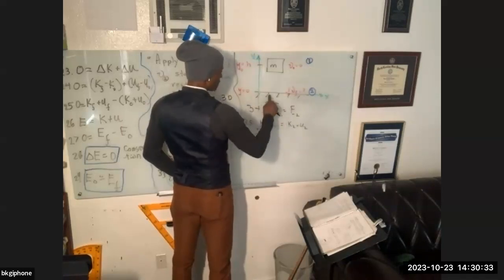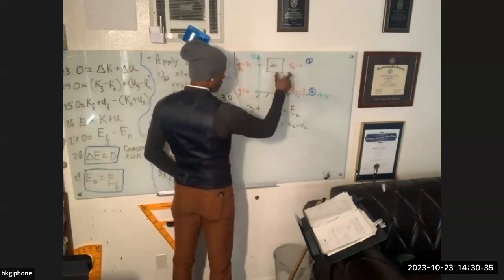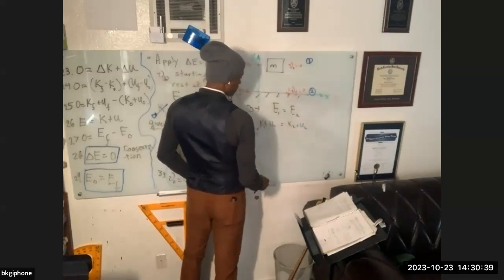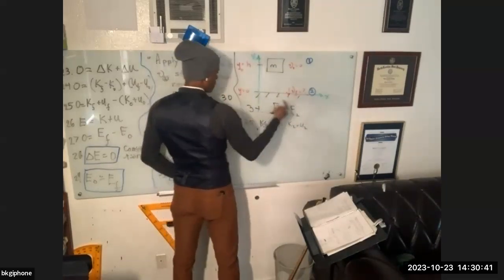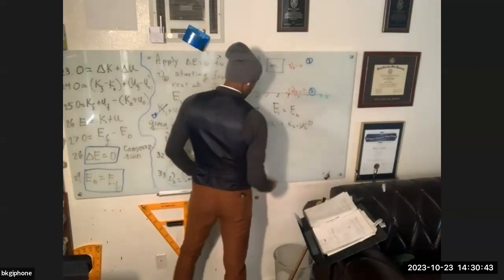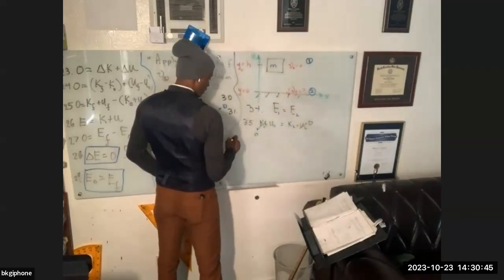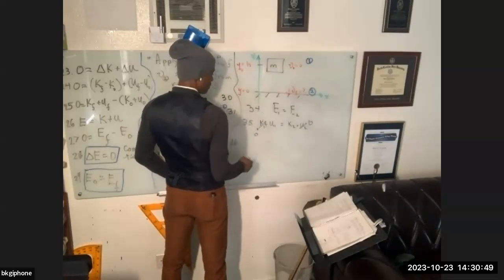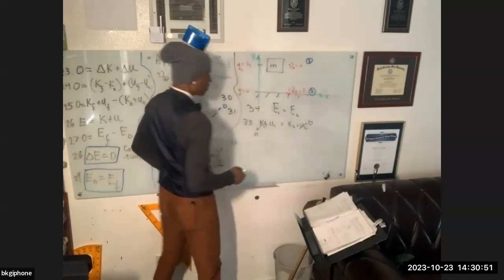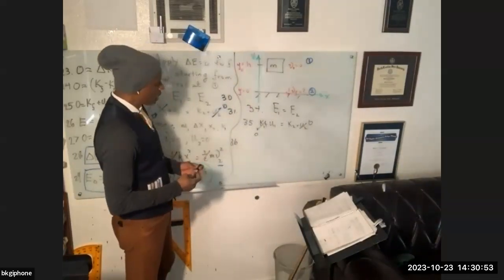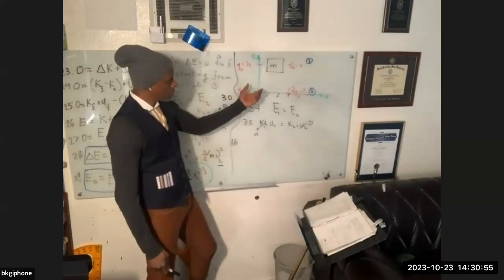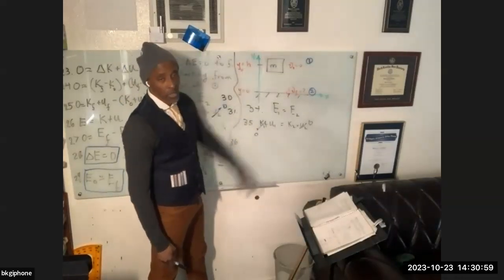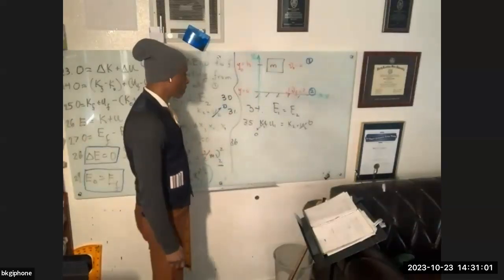And if I set up my system so that the origin is here, when you get down, then the 1/2 kx2 squared is equal to 0. So that guy is 0. So again, what we have is the potential energy at position 1 equals the kinetic energy at position 2. And as I described before, what's really happening is gravity is doing work on the object and is converting the potential energy at 1 to kinetic energy at 2.